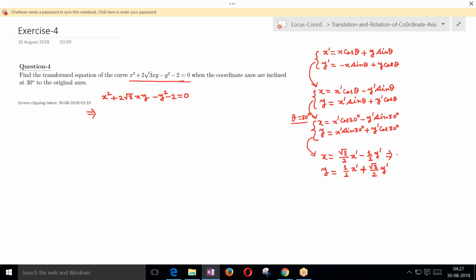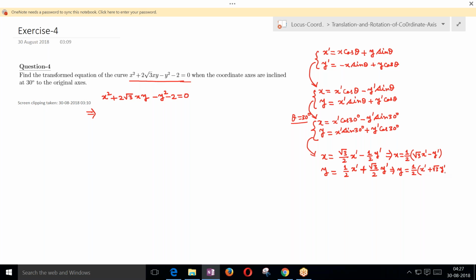This implies x is equal to 1 by 2 into root 3 x dash minus y dash, and from here we find y is equal to 1 by 2 into x dash plus root 3 y dash.